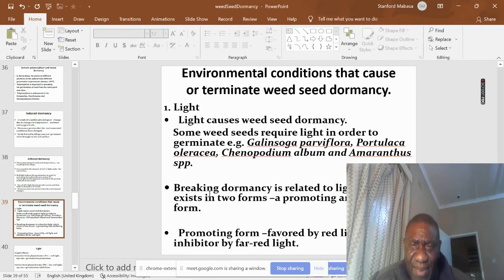For example, Galinsoga parviflora, Portulaca oleracea, Chenopodium album, Amaranthus species. Breaking domains is related to light, which exists in two forms: a promoting and inhibiting form. The promoting form favored by red light can cause germination, and the inhibitor form, which is far red light, can stop the germination.